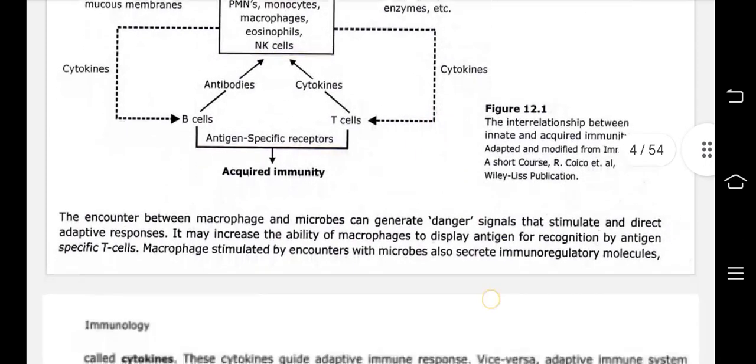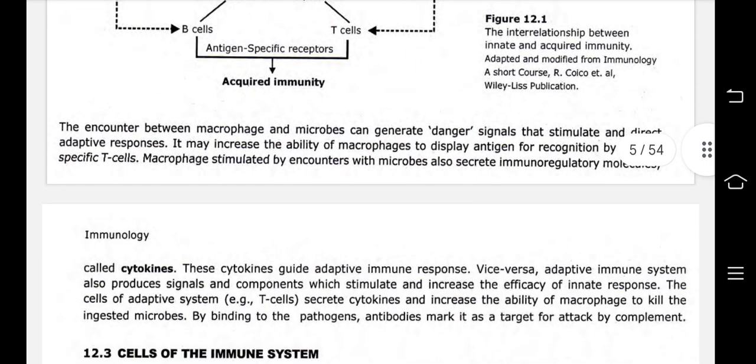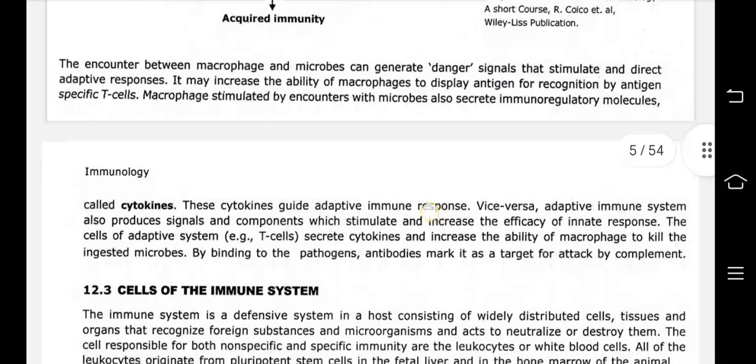This leads to acquired immunity. The encounter between macrophage and microbes can generate danger signals that stimulate and direct the adaptive response. It may increase the ability of macrophages to display antigen for recognition by antigen specific T cells. Macrophages stimulated by encounters with microbes also create immunoregulatory molecules called cytokines.